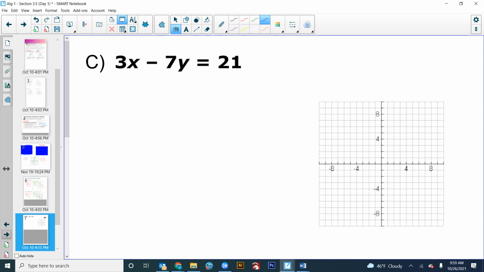How are we doing? Okay, x-intercept. What's 0 in the x-intercept? Y. I don't know, it just is.